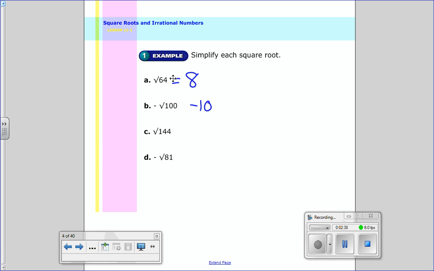So go ahead and start C and D now. Looking at C, what number can I multiply by itself or square to get 144? That would be 12. And then D, the opposite of the square root of 81. 9 squared gives me 81, but they want the opposite. So I should have -9.